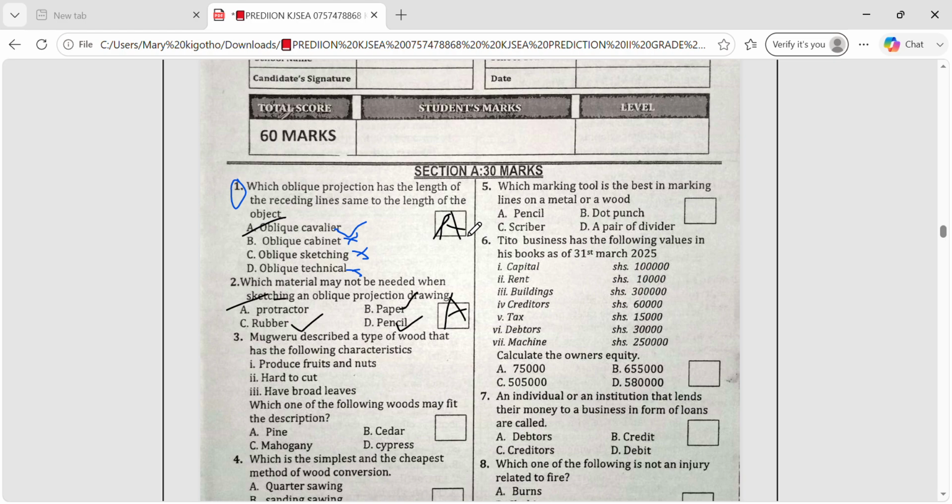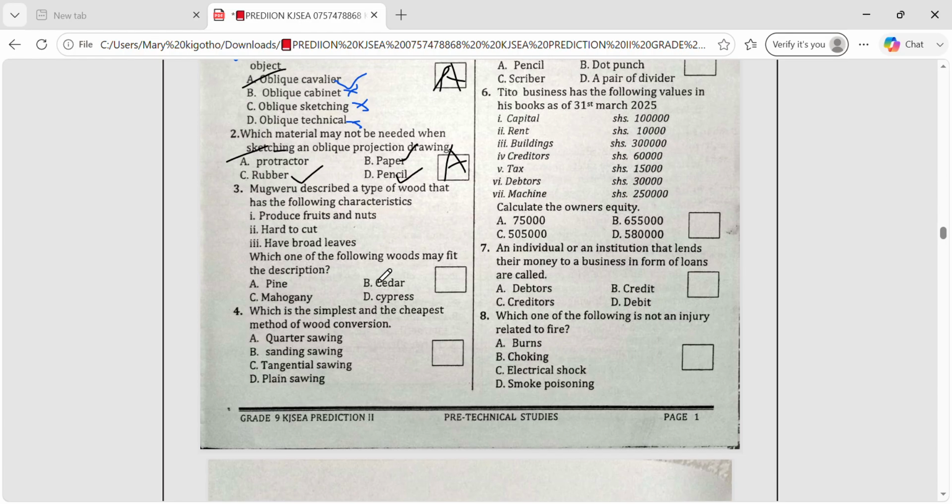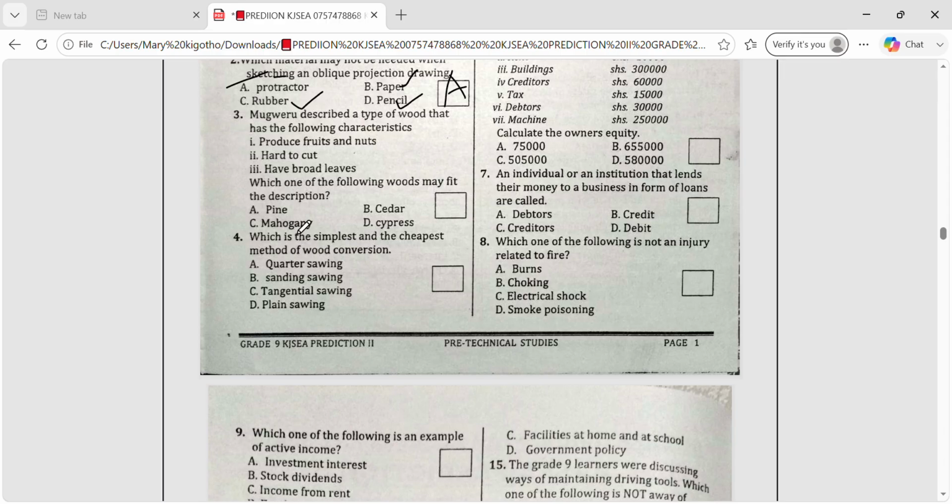Now let's go to question number 3. We are being told Mugwelu described a type of wood that has the following characteristics: produces fruits and nuts, hard to cut, has broad leaves.